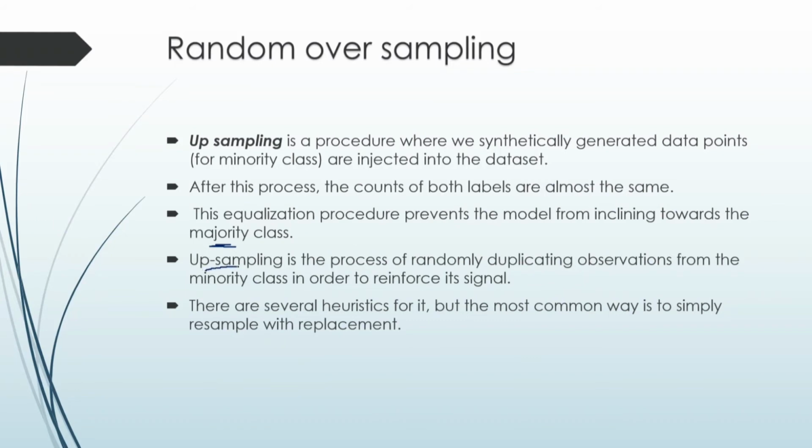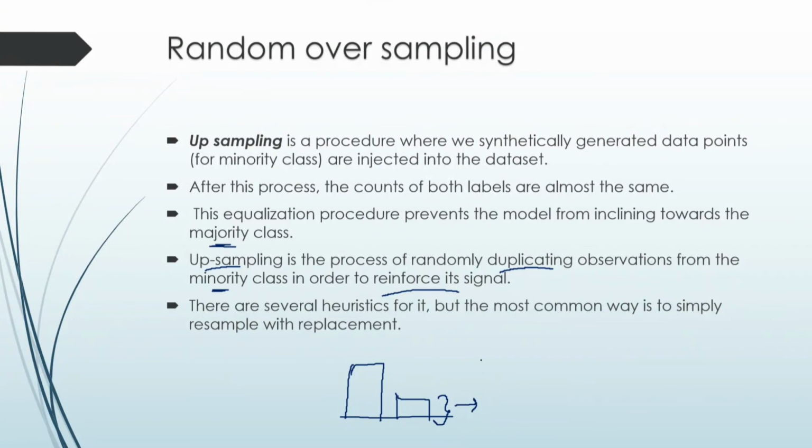Upsampling is a process of randomly duplicating observations from the minority class in order to reinforce its signal. It means this: suppose this is our data set. This is the majority class and this is the minority class. The number of samples in the minority class is very small.